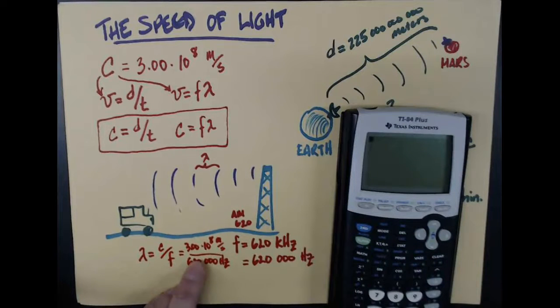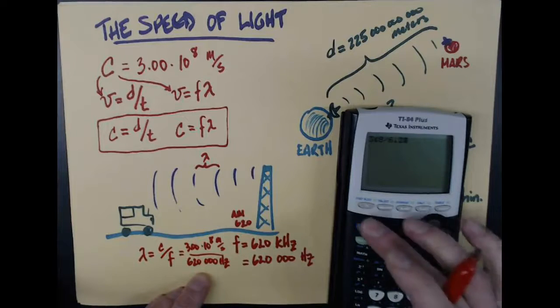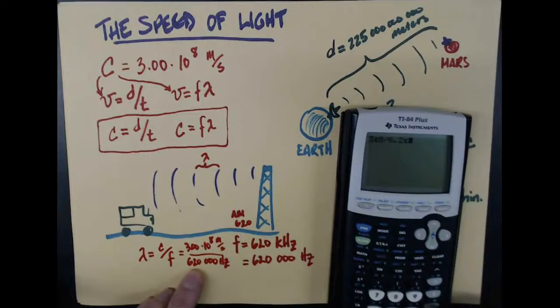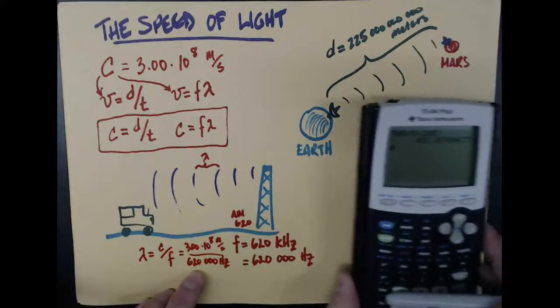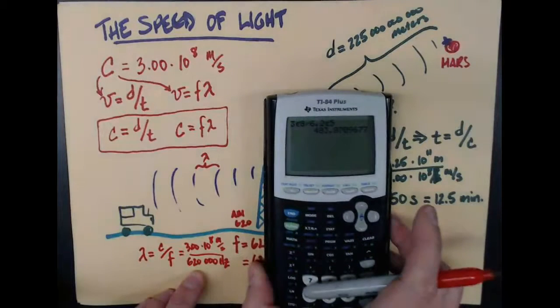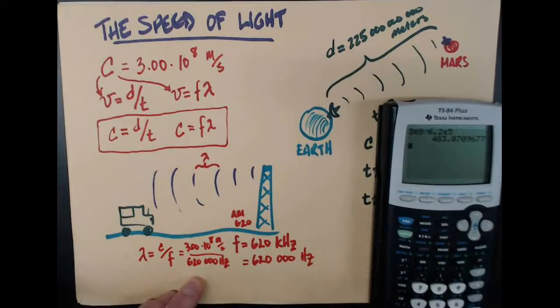So I'm going to take 3 E8 and divide it by 6.2 E5, there we go. And I end up with 483.87 meters. And so I'm going to go ahead and put that right here.